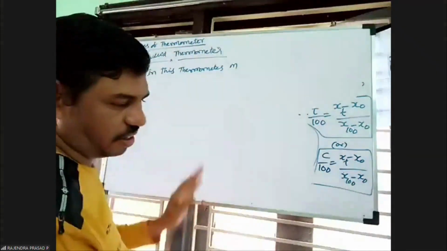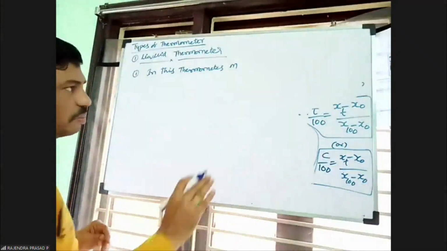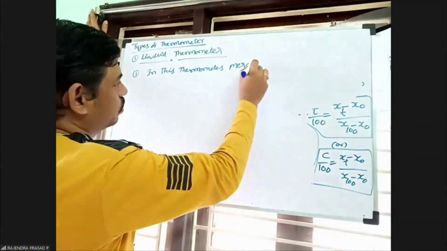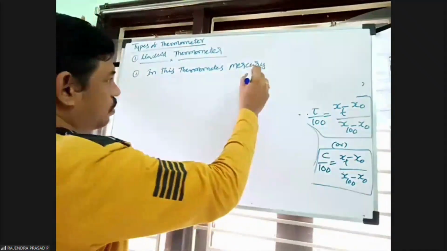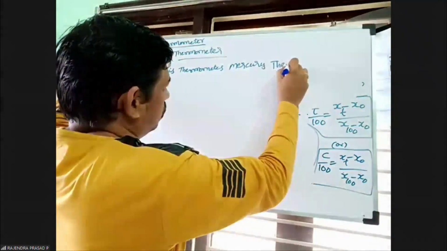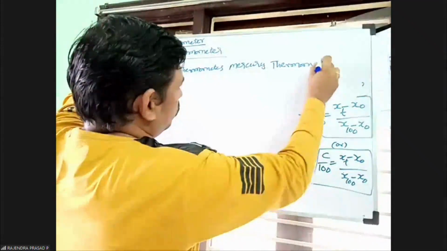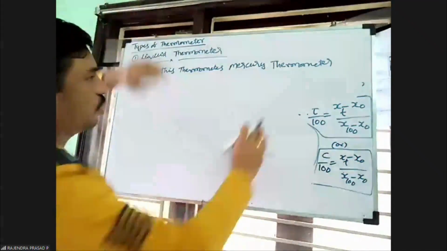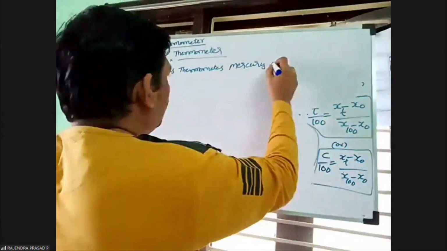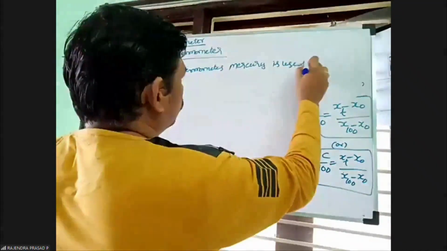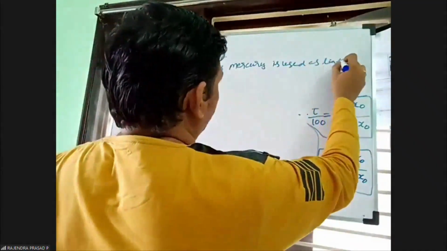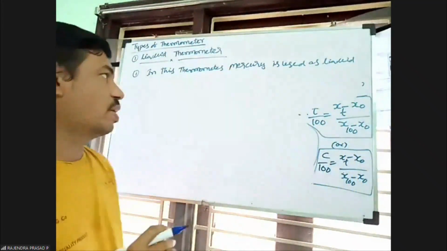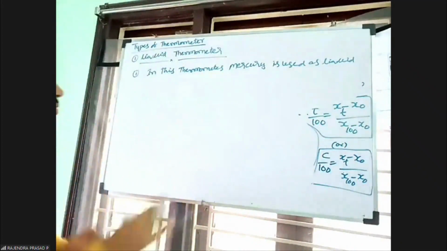Only 7 thermometers in intermediate level. Mercury thermometer. So in this thermometer, mercury is used as liquid.